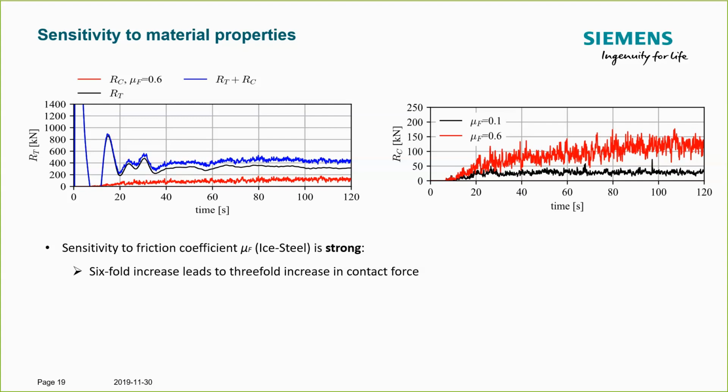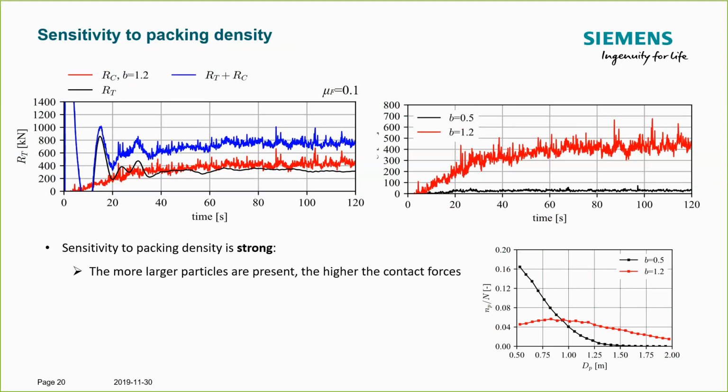If we look at another driving factor, that would be packing density. Recalling the cumulative distribution functions and the two scenarios we came up with, one with parameter B of 0.5 and one with parameter B of 1.2, we can see that, not surprisingly, if we come up with an ice field that has a lot more particles of the medium to higher size range, we will have much denser brash ice fields, and in turn the contact forces will increase.